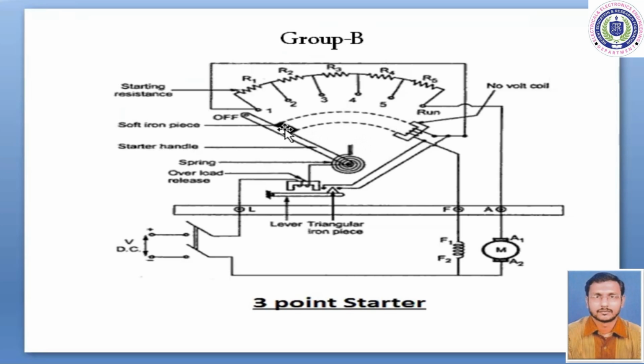And as you can see, a soft iron portion is connected to the arm. As this no voltage coil is already energized, whenever this arm reaches the run position, this soft iron portion will be attracted by the no voltage coil, and the arm will be held at the run position.